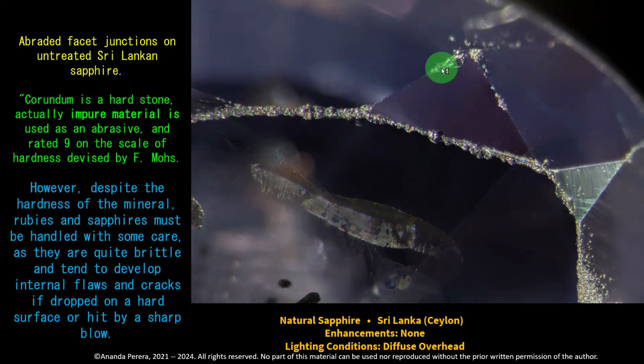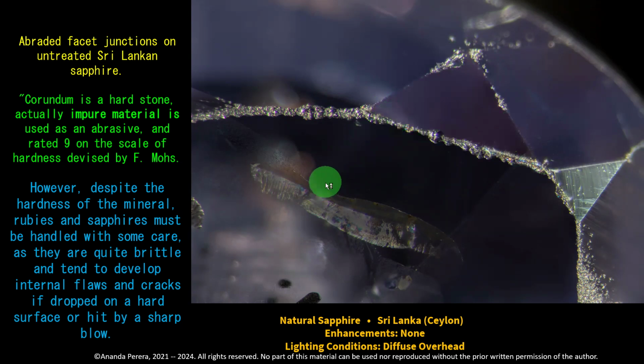So look at the facet edges. Facet edges are brittle and tend to develop internal flaws and cracks if dropped on a hard surface or hit by a sharp blow. So you have to carefully use. The hardness is 9, but you have to carefully use. If not, this will happen to your jewelry.